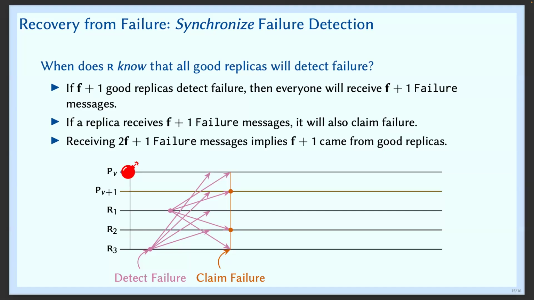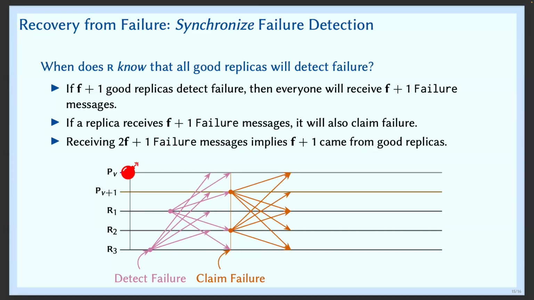At this point, R2 has received 2 failure messages. These failure messages are actually the view change messages themselves. So R2 has received 2, which is F+1, meaning it knows that at least one of R1 and R3 is telling the truth.